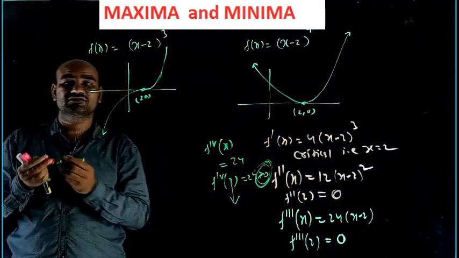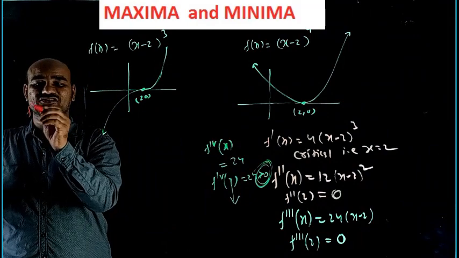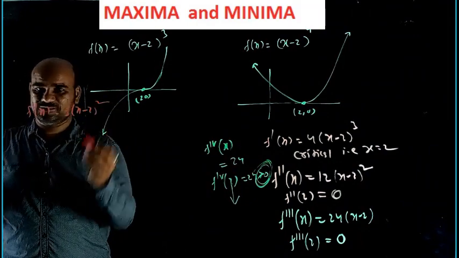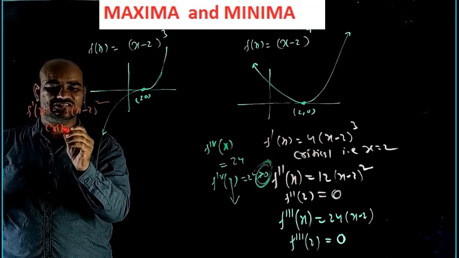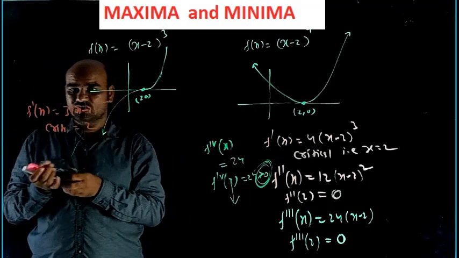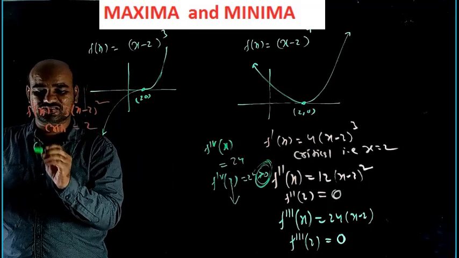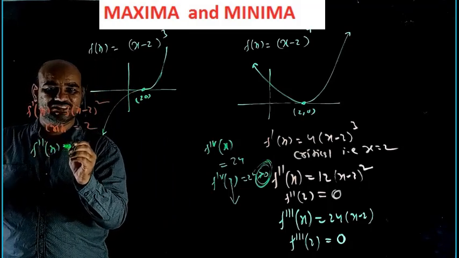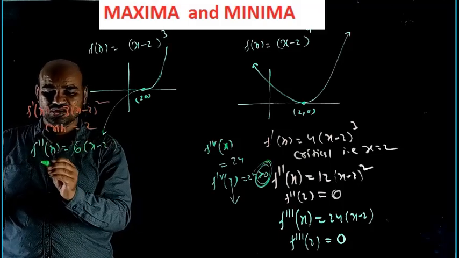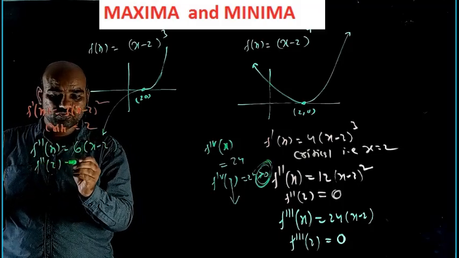See this example. f dash of x is 3 times (x minus 2) square. Critical point, that is 2. Okay. So find f double dash of x. That is 6 times (x minus 2). Find f double dash of 2.